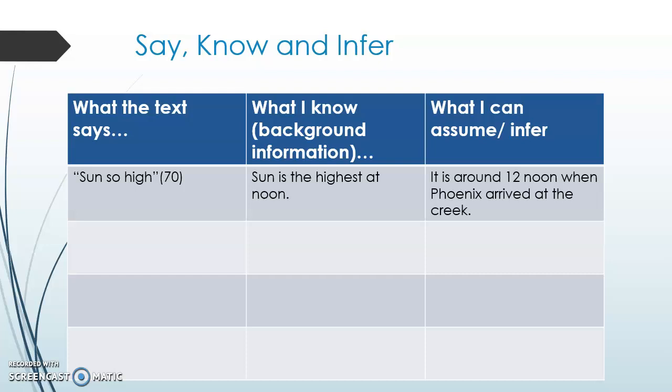So we can infer that it is 12 o'clock noon or around noon when Miss Phoenix Jackson arrives at the creek. What I want you to do is push yourself. I want you to find 2 pieces of evidence, and you're going to create this chart. So you're going to do what the text says, what you know, and what you can assume.